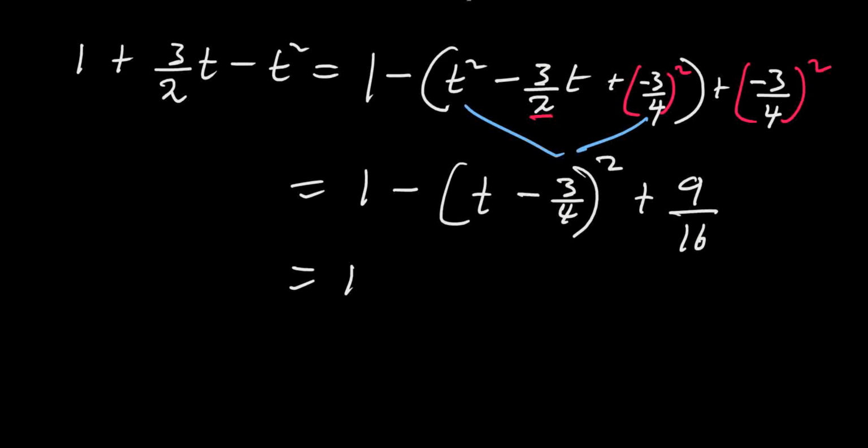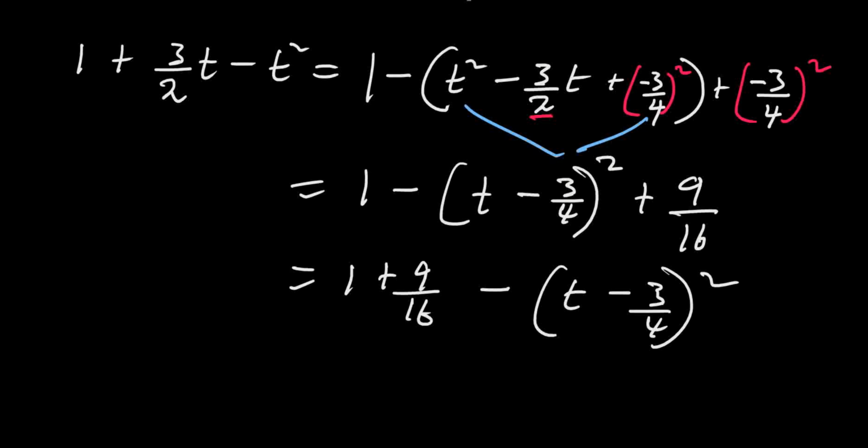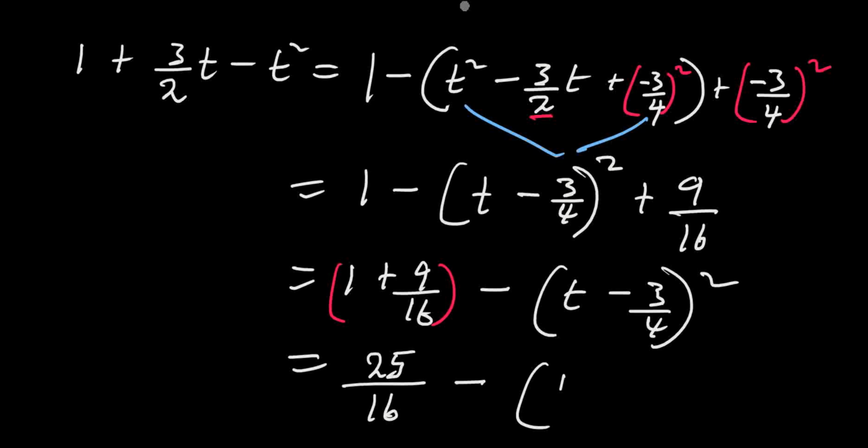So this will become 1 plus 9 over 16 minus t minus 3 over 4 squared. So if we combine this, that's going to give us 25 over 16 minus t minus 3 over 4 squared.